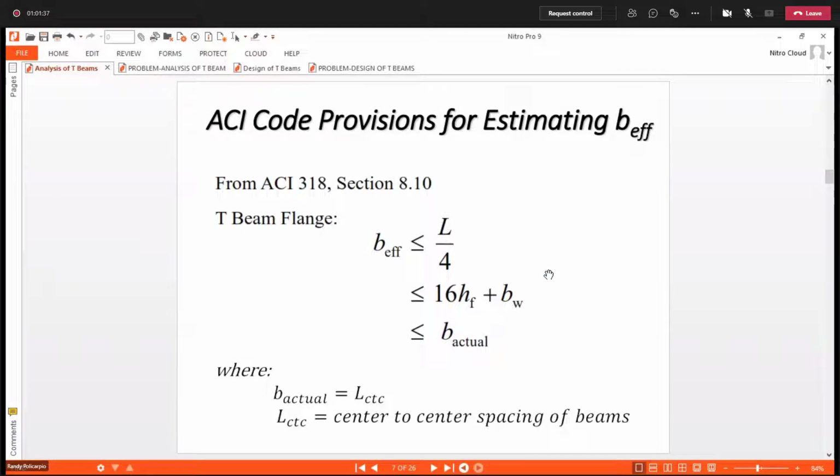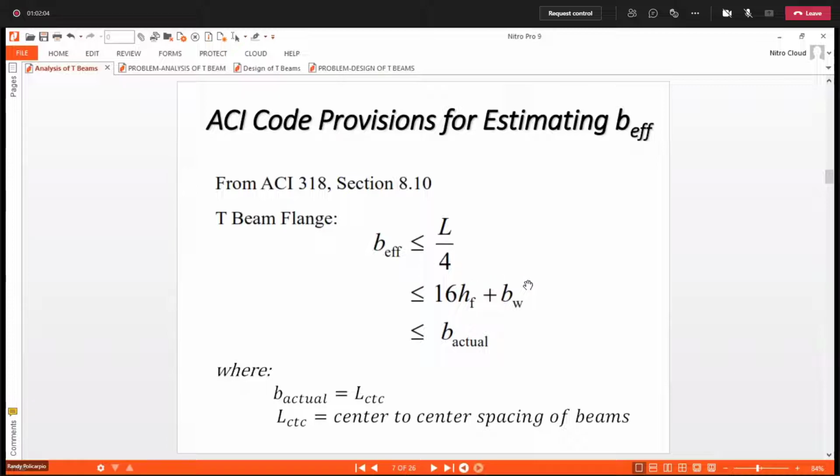But in NSCP, kino-consider pa niya yung column width, no, yung BW na binabanggit, no? So if you have a column having a dimension of I think, tama ba? Okay, I think the width of the beam, I'm sorry, no?